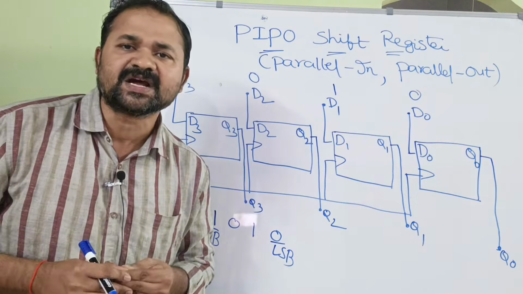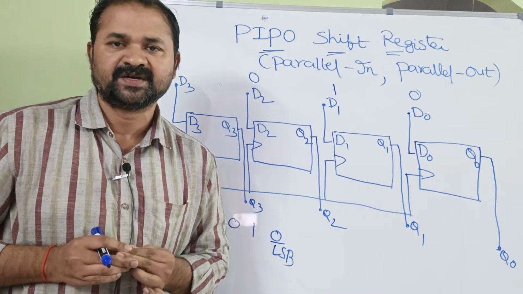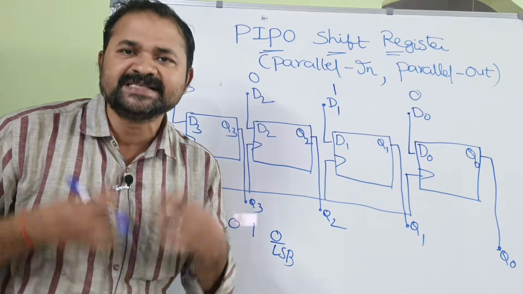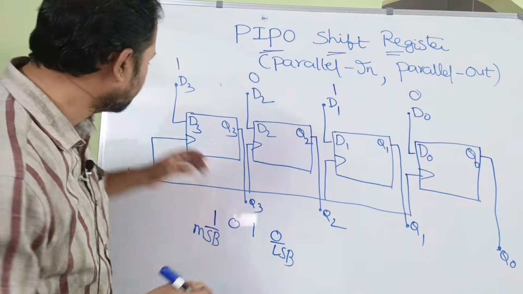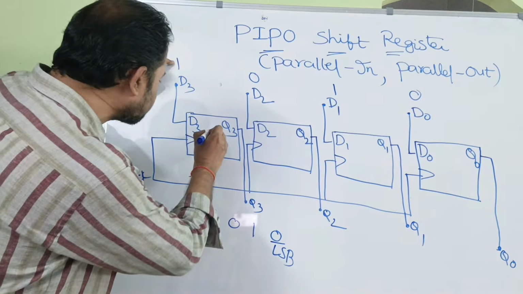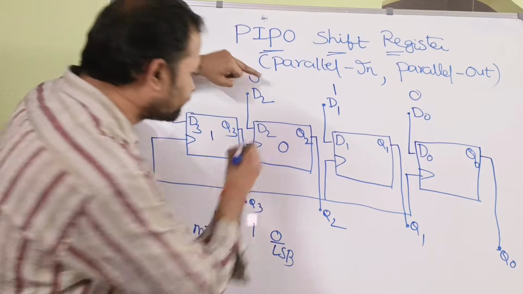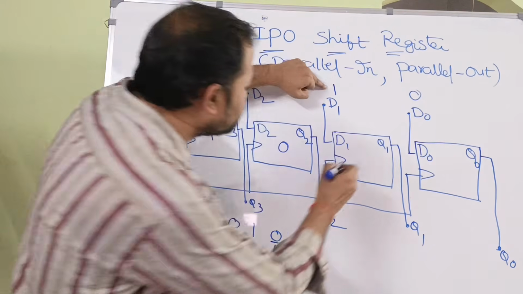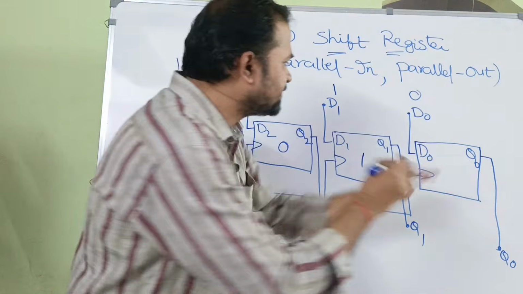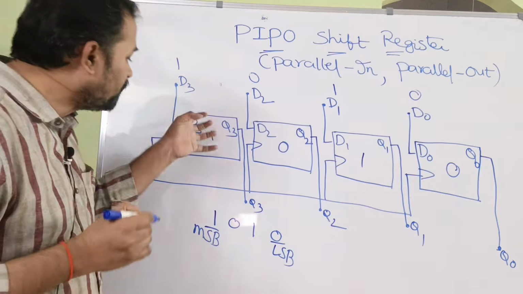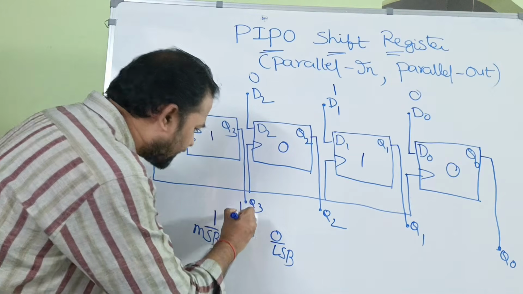Whenever we apply the clock pulse, what will happen? We know that D flip-flop is useful for storing the data. So this flip-flop will store 1, this flip-flop will store 0, this flip-flop will store 1, this flip-flop will store 0. So what is the output of this flip-flop? 1.